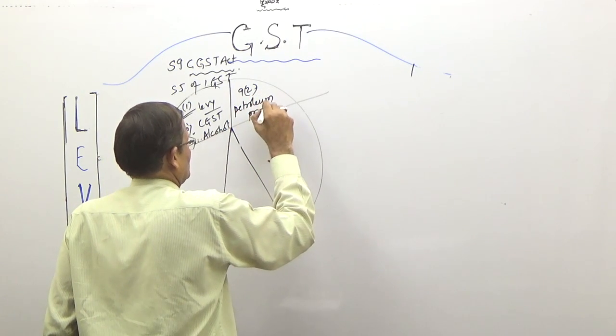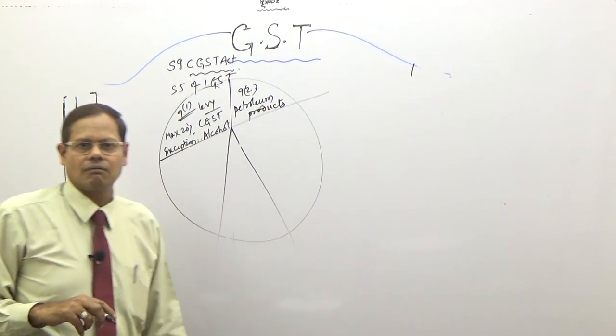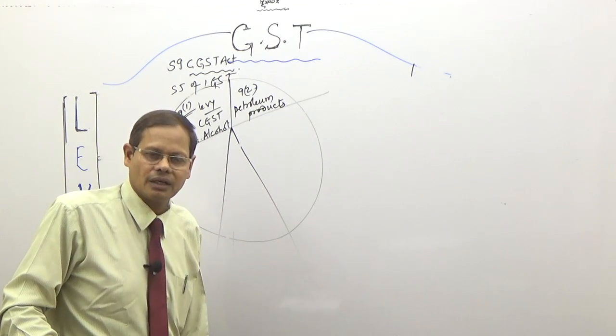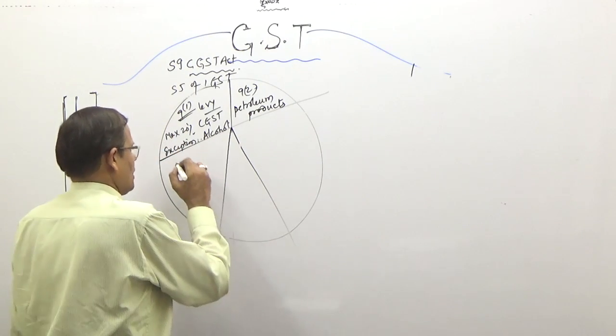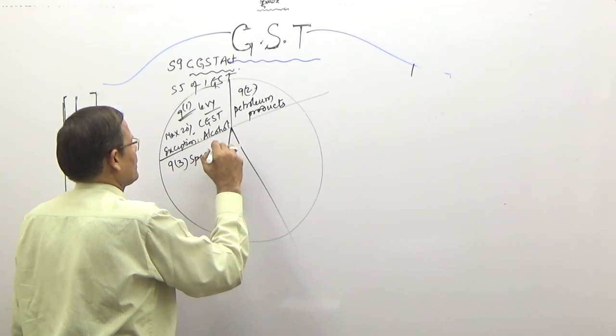Petroleum products to be announced at a later date, to be brought under GST law at a later date, to be recommended by GST Council. And 9(3) is talking about specified categories.